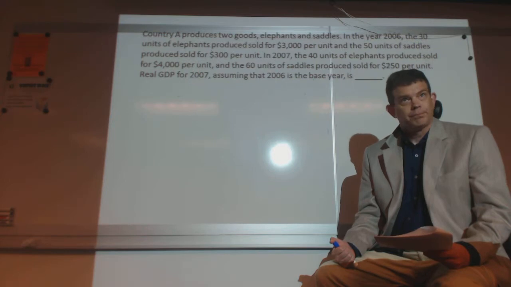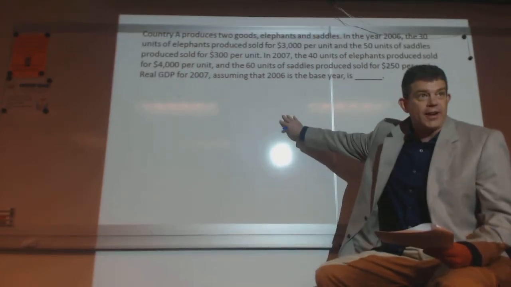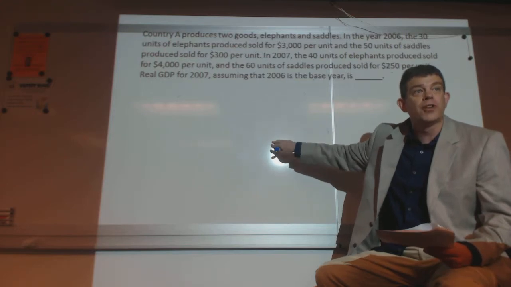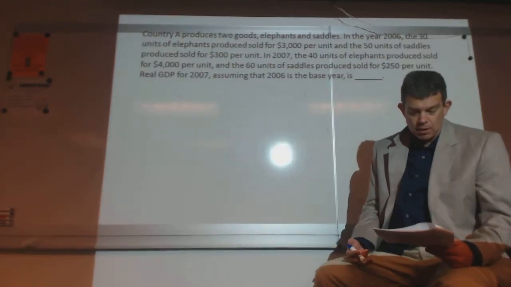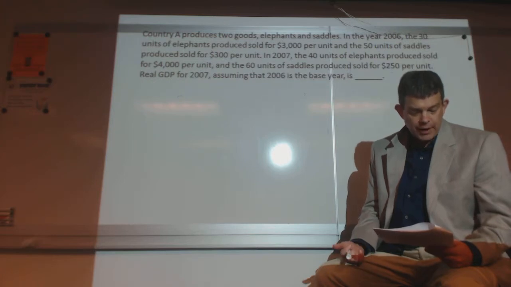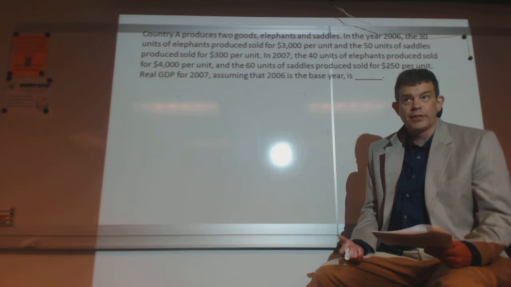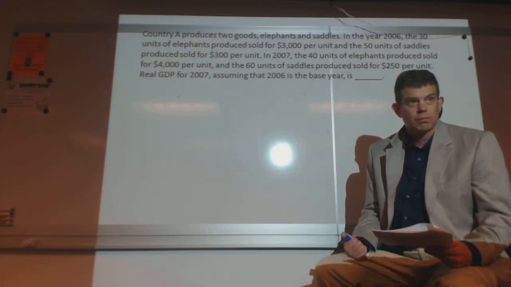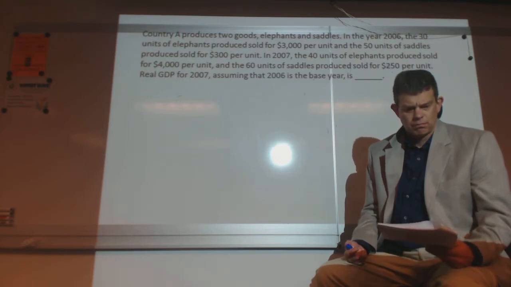Substitute the price in 2007. Oh, 2006 to 2007. Not the price. We're going to use the old price, yes, with the new production figures. So we are going to take 40 for the elephants times what? 40 times 3,000, which is how much? 12,000?